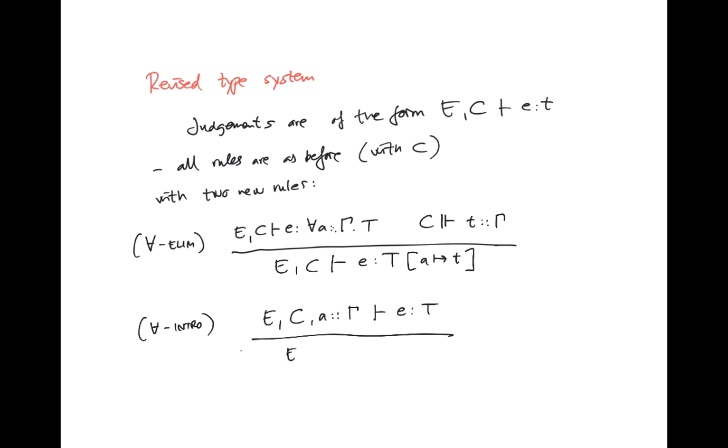Well, we know that given E and C, E has type for all A in gamma, T, and that's the case if A is not a free type variable in E. If that's the case, we know that we have made no assumptions about A, so we can add a universal quantifier in front of the type. So that's really all we need to deal with type classes in this setting.